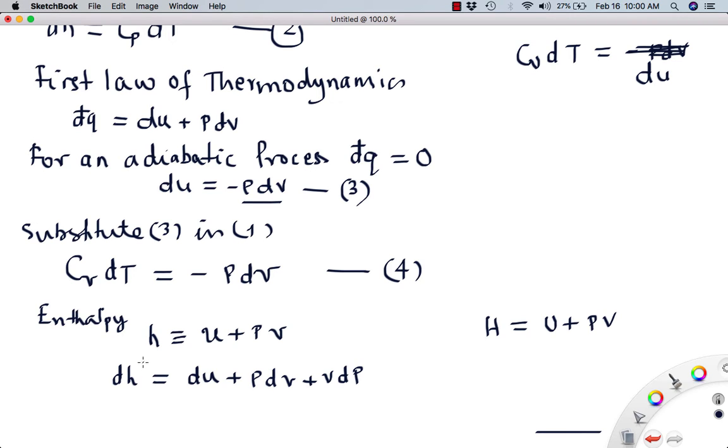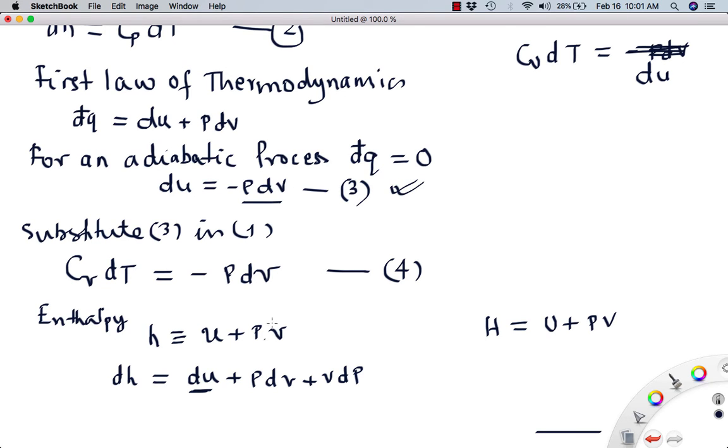Okay, so we have du. du is negative P dV here, in equation 3. So use that in this expression.